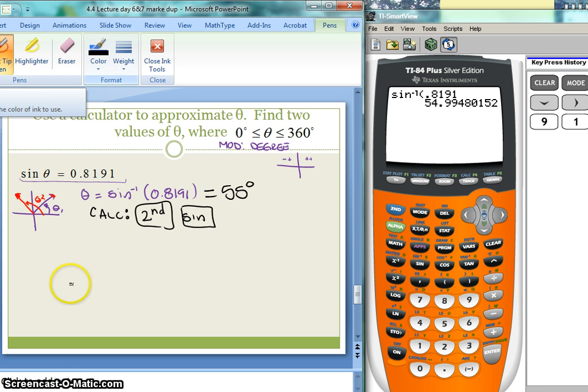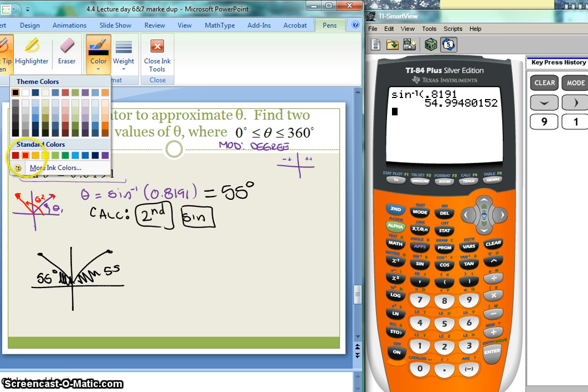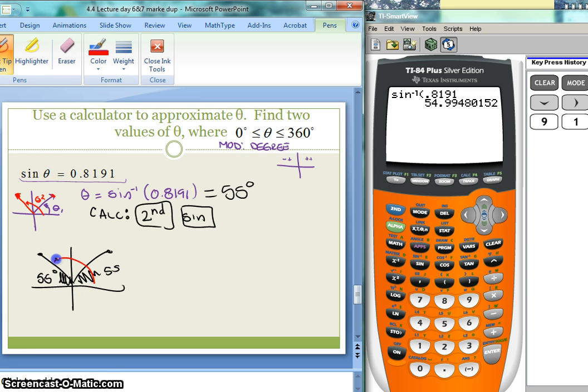So let's find our second angle. So if this much is 55, and then we had our second one, I know that this, because they're the same height, is also 55 degrees using reference angles. What I really want to do is find my red angle, my theta 2, which is this much.